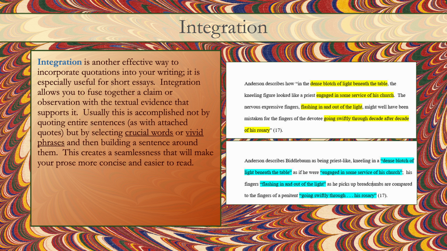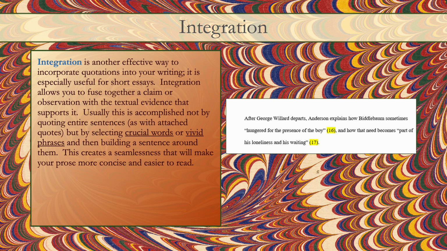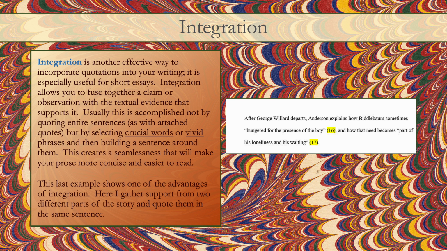You'll notice that in the bottom, I actually use an ellipsis. In this example, I actually pulled material from 2 different pages. And one of the really great advantages of integrating quotes is I can gather support for a claim or idea from different parts of the story and then quote them in the same sentence, just putting pieces here and there.